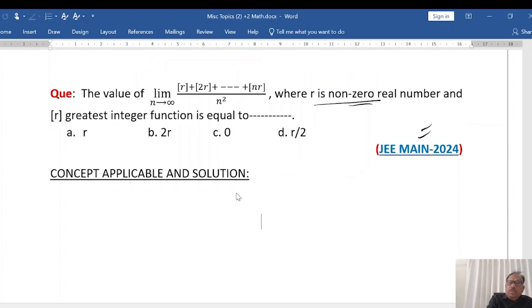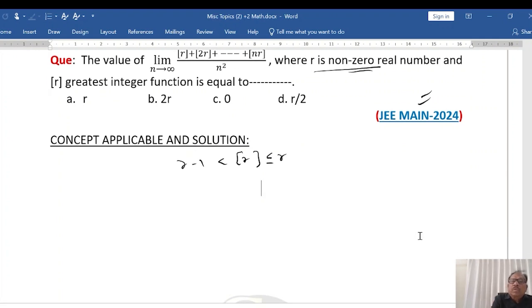Greatest integer function of r is less than or equal to r and greater than r minus 1. Using this concept, first term, second term, last term, like this.